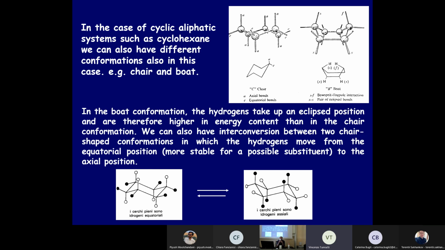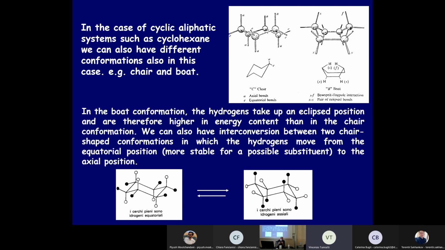And what about cyclohexane? In particular, if you put some substituents on these rings, we can stabilize a particular conformation, chair conformation or boat conformation. How?